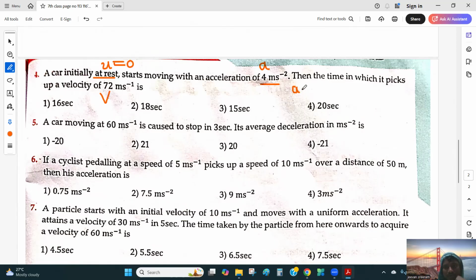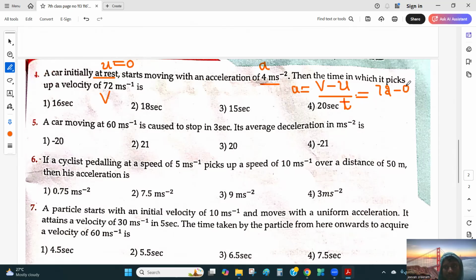So you can directly go with a equals v minus u by t. What's the final velocity we got? Final velocity we got is 72.